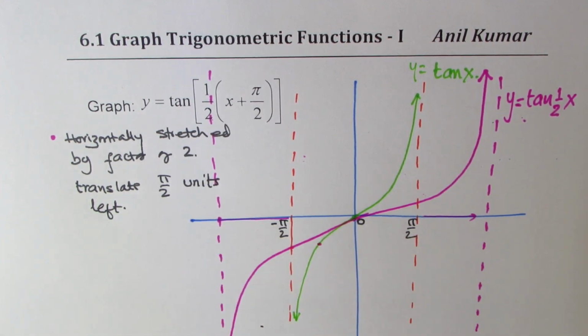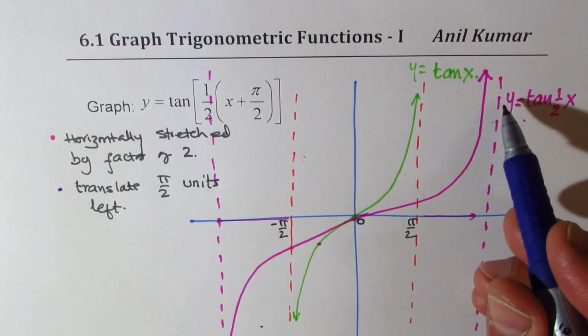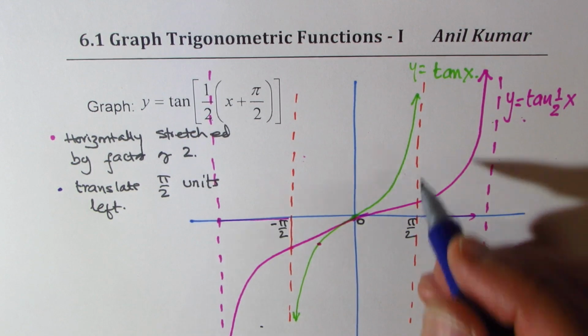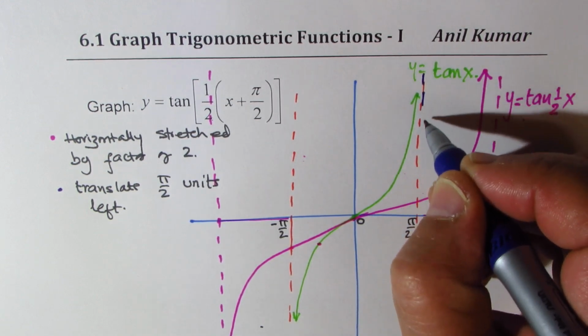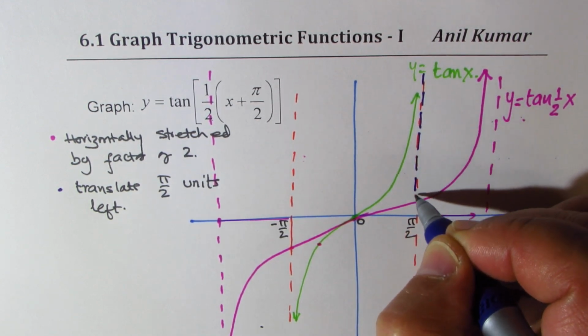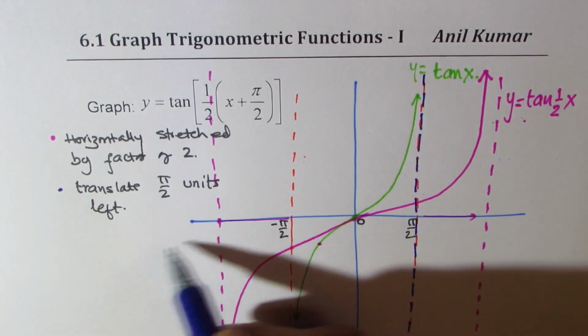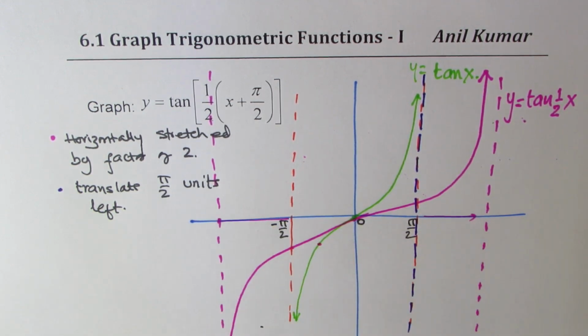So let's do it with a different ink. So to translate pi by 2 left really means that this vertical asymptote will now move pi by 2 here, so we'll get it right there. And this also moves pi by 2 to the left.